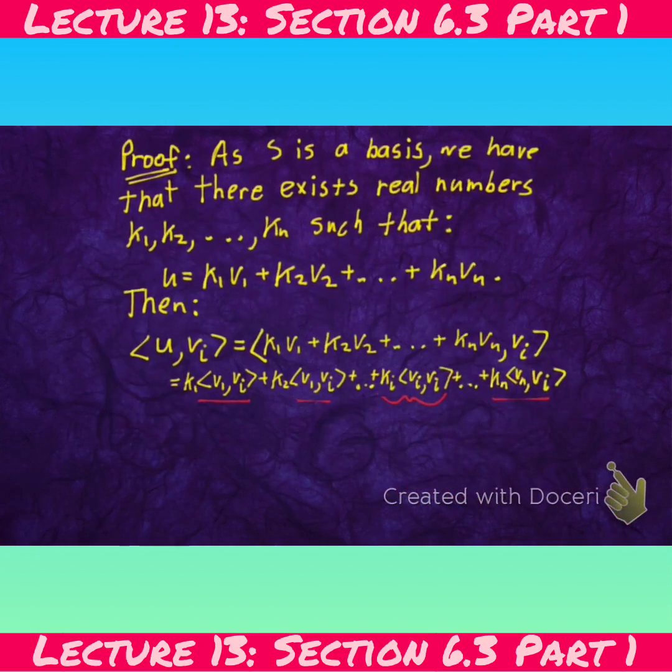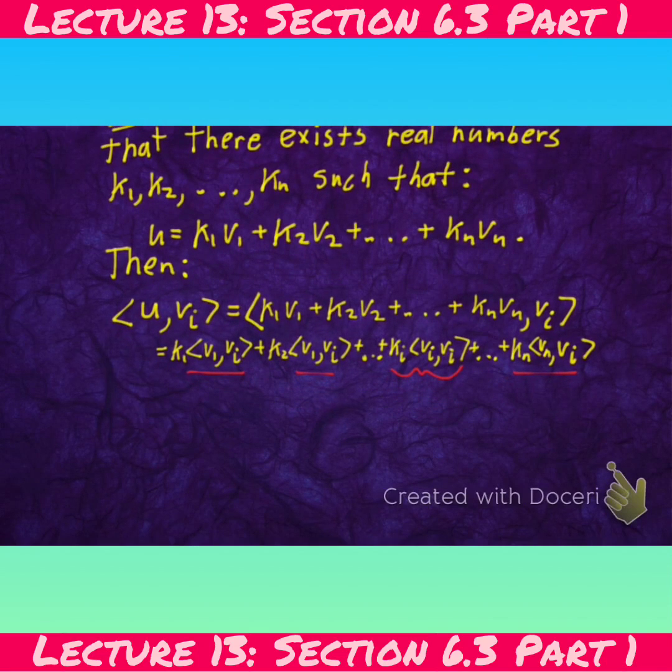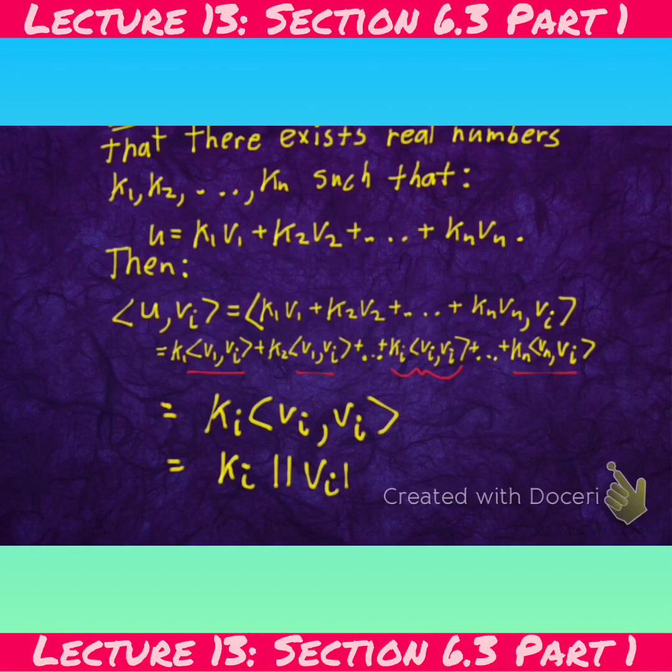So we can go further and replace that with the term ki, vi with itself, and that is basically ki times the norm of vi squared. Not the square root, the square of the norm of vi.